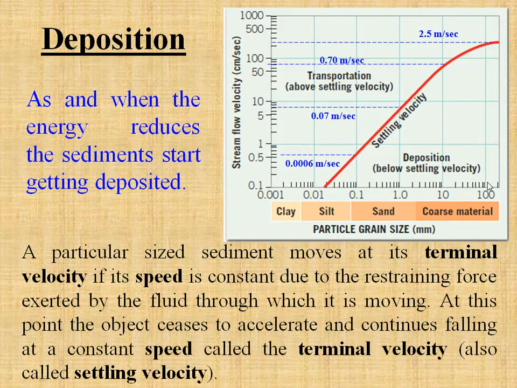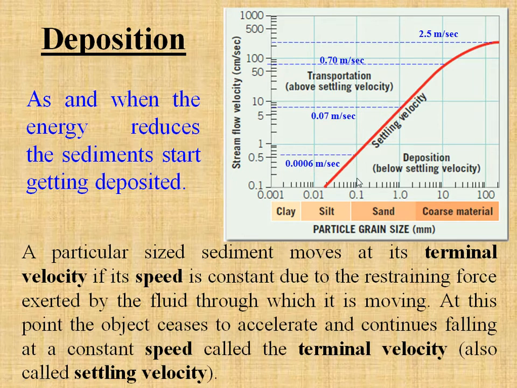Similarly, if the sediment size is say 10 centimeters or 100 millimeters, it needs a velocity of 2.5 meters per second to keep it in motion. Similarly, for other sizes, like 0.1 millimeter sediment, it needs a velocity of 0.0006 meters per second to keep in motion.